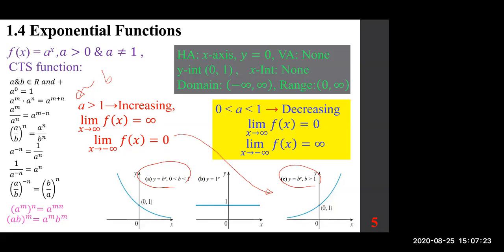What else is interesting about this function is that in general, there is no vertical asymptote. The y-intercept happens at (0, 1). There is no x-intercept. The domain is all real numbers, and the range is from 0 to infinity.